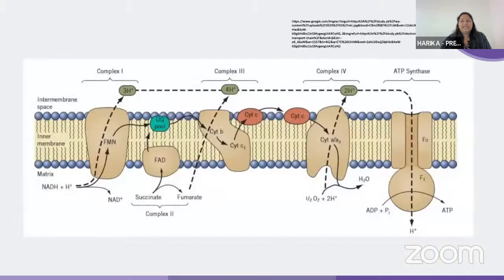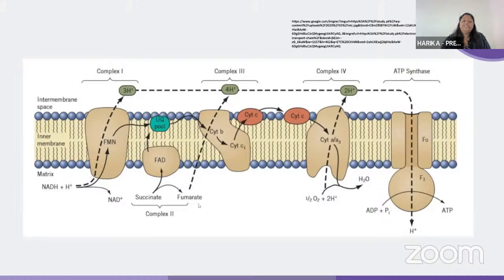You can see here in this picture, here is your matrix, inner membrane, and then intermembrane space. NADH plus H in complex 1 releases 3 hydrogen ions, and the FMN present here is taken up by ubiquinone.